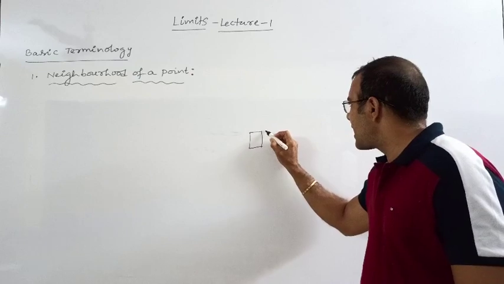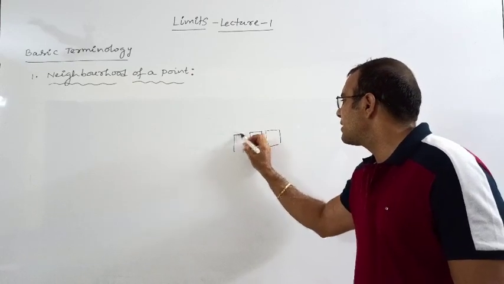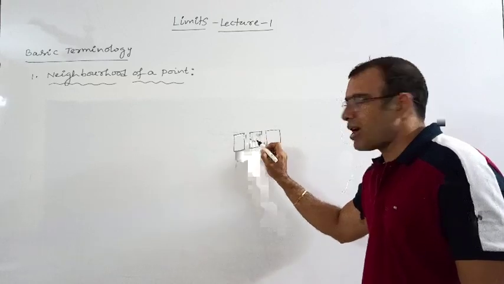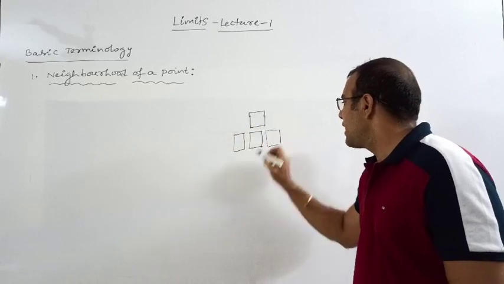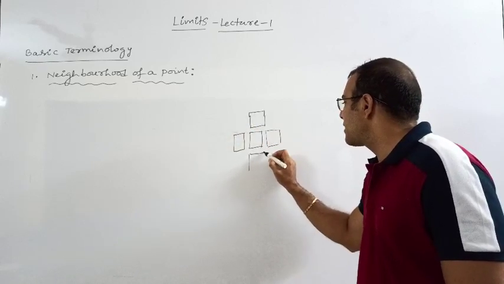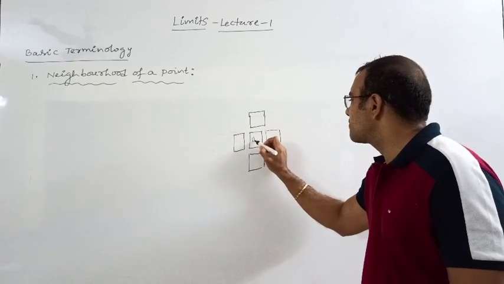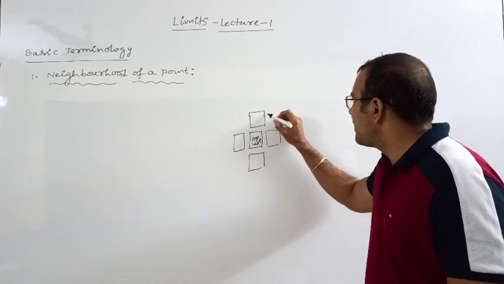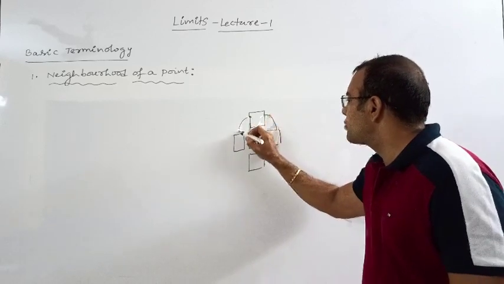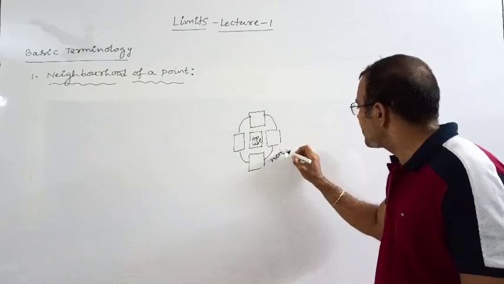There is another house on this side and this side, very near to your house, and maybe at the back of your house, and maybe in front of your house. These are neighborhood houses.